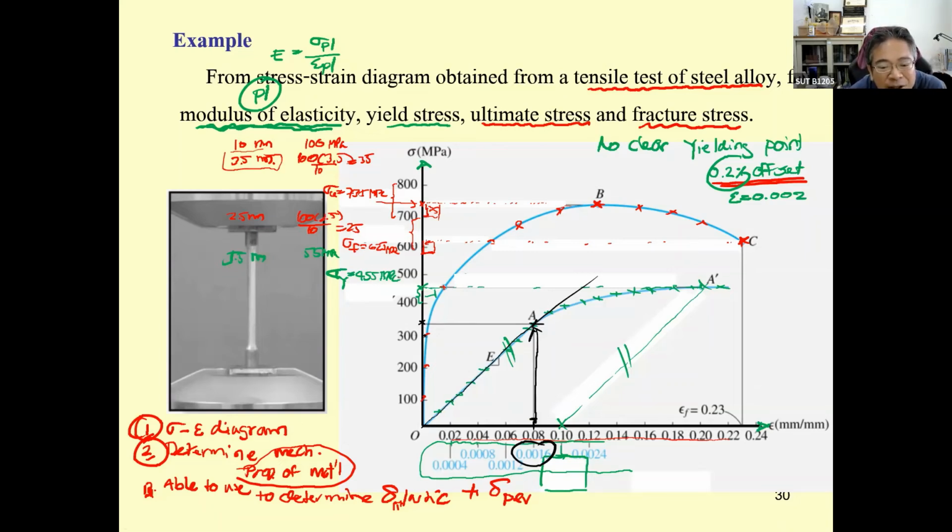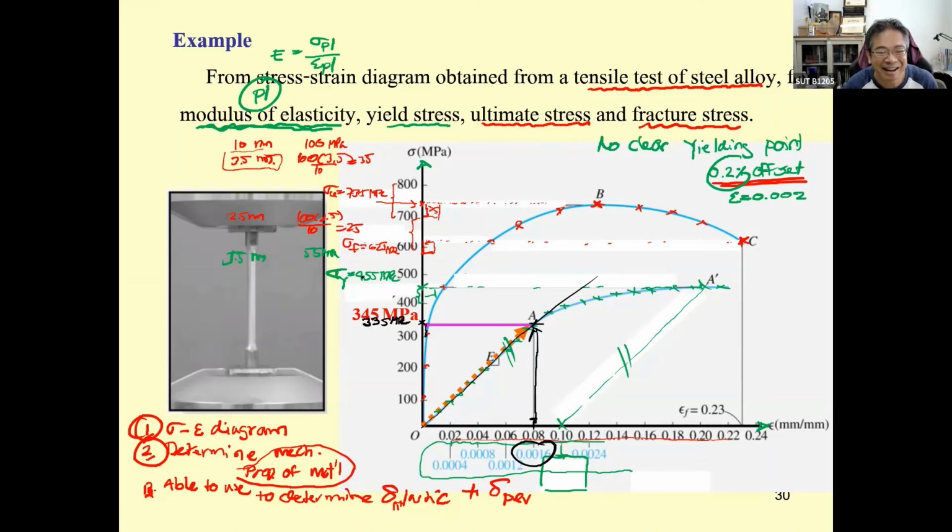You may measure this as 4 millimeters, or 4.1 millimeters, or 4.2 millimeters to determine it. So this one may be 35 megapascals if I measured it as 3.5 millimeters; it's up to you. So you measure this as 345.